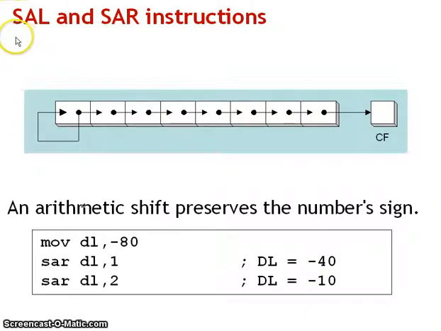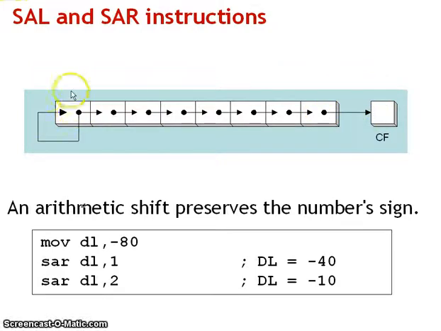Now there are other shift instructions by name SAL and SAR. These are called arithmetic instructions because their working is similar to logical, but the only difference is the sign of the number is preserved. SAL works as the bits are shifted towards left and the leftmost bit goes to carry flag as in SHL.